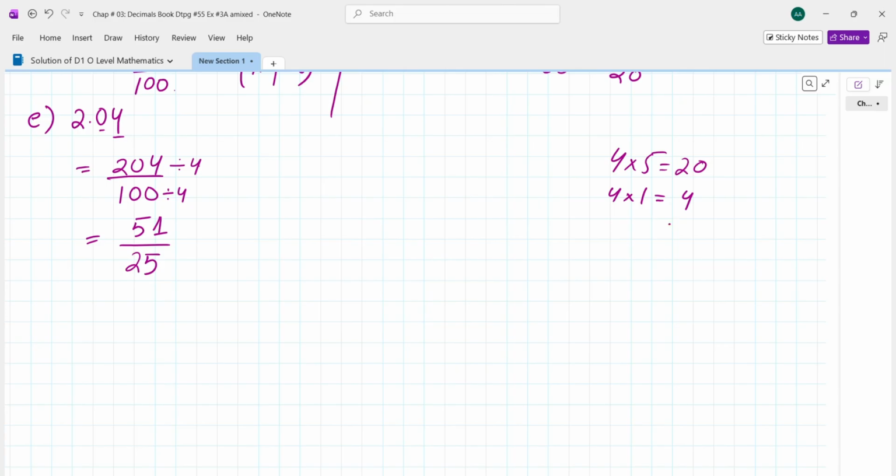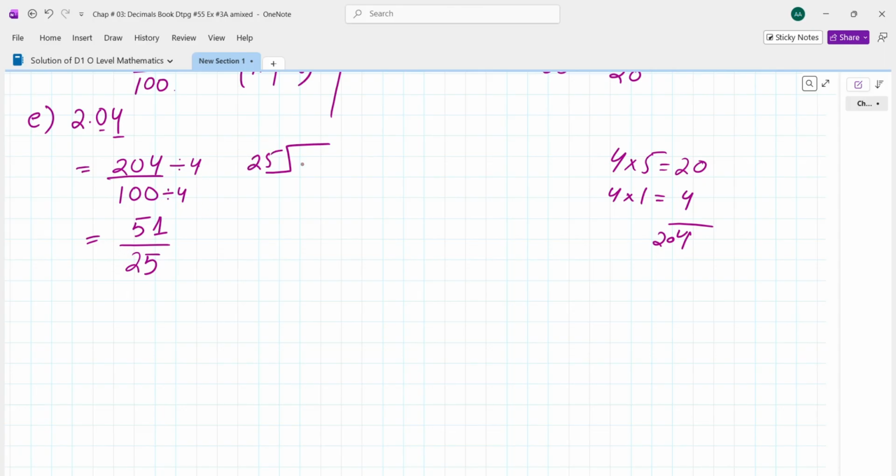So the numerator is 51 and the denominator is 25, and we can convert this fraction into a mixed number because it is an improper fraction.